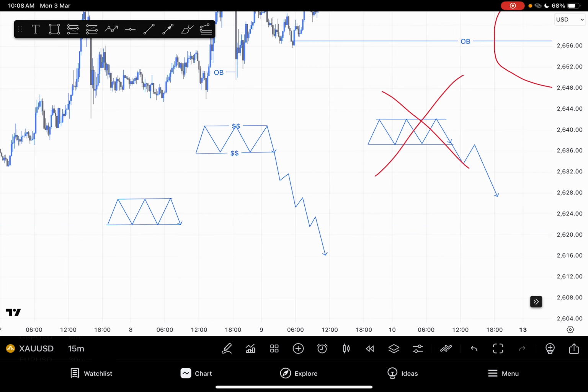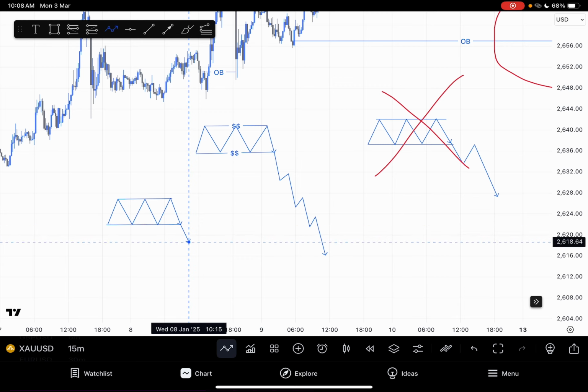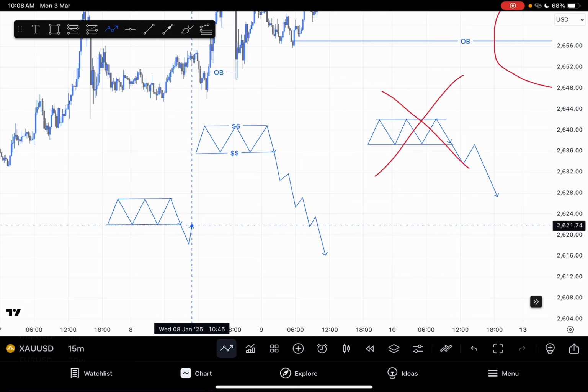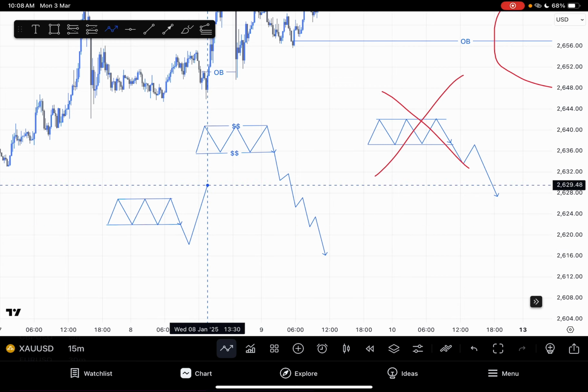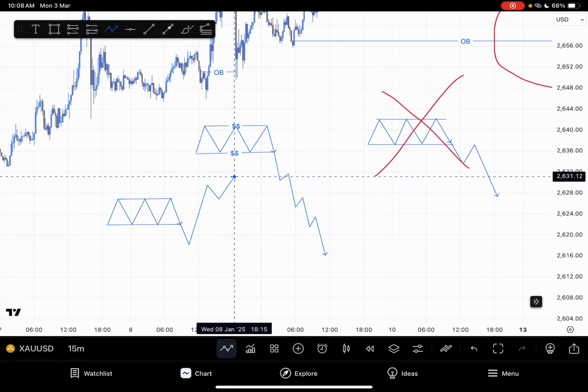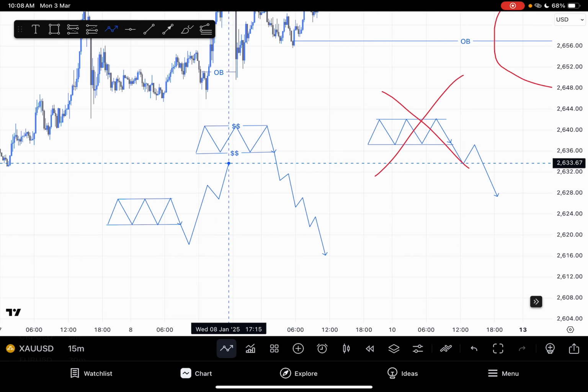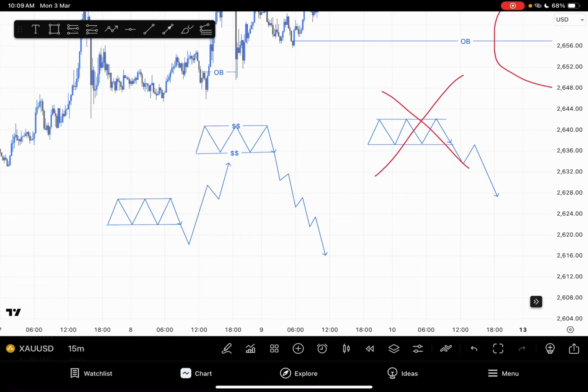So after the breakouts, price can do that fake breakout, then continuation to the upside.